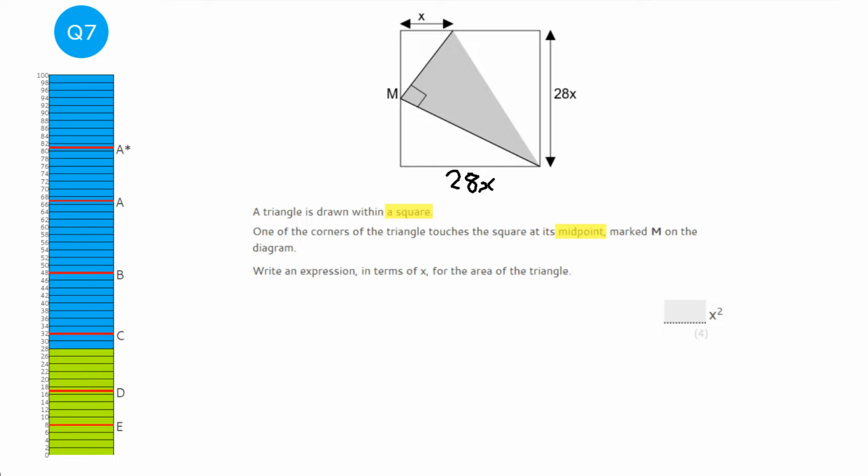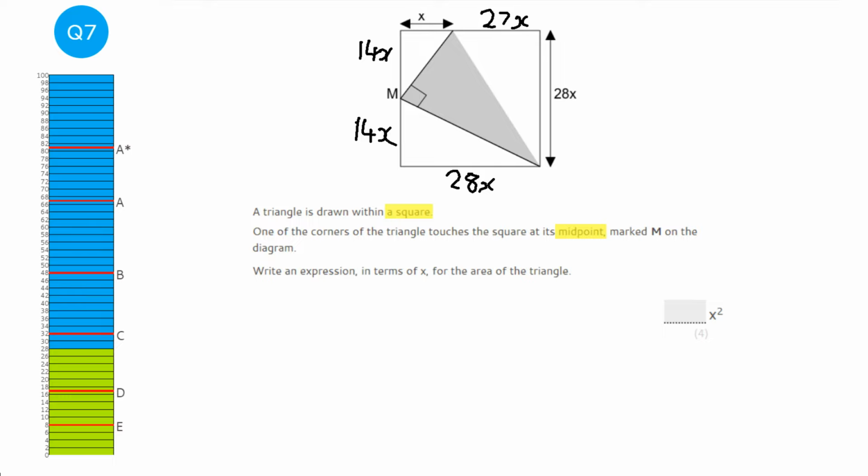What else do I know? Well, if the bottom one is 28x, and this bit here is x, then this top bit's going to be 27x. Now, if this M is the midpoint, and it's 28x tall, then it's going to be 14x on top, and 14x at the bottom. Okay, I think we're done.